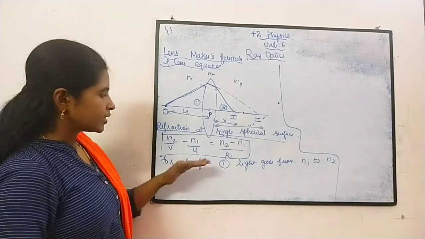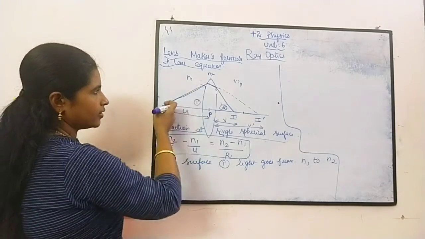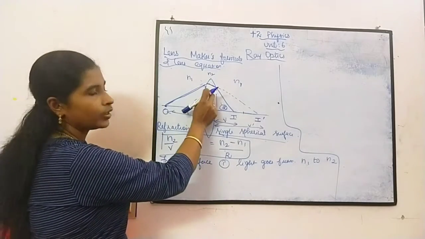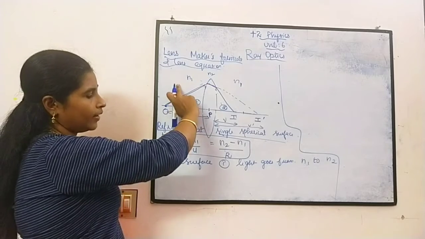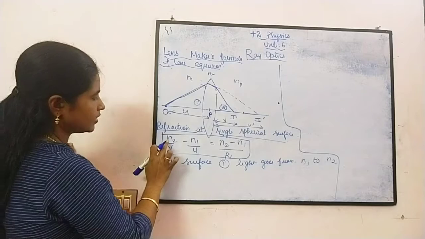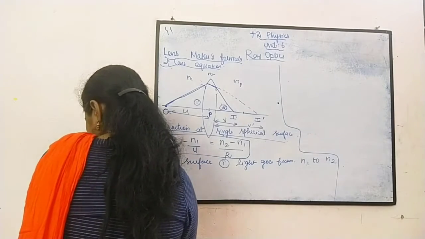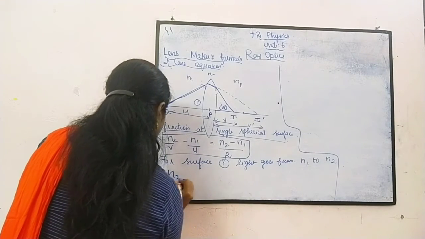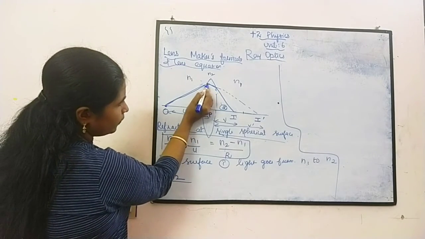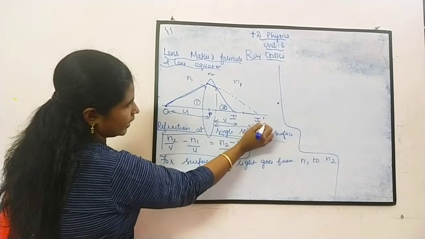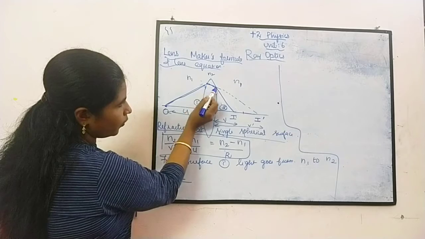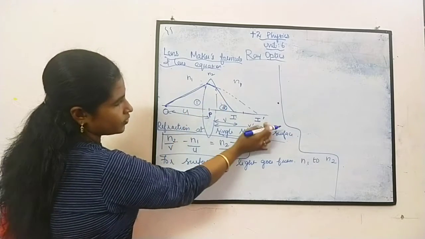Now let us take surface 1. We know that the light goes from N1 to N2. The image formed at this point in N2 will be getting here.